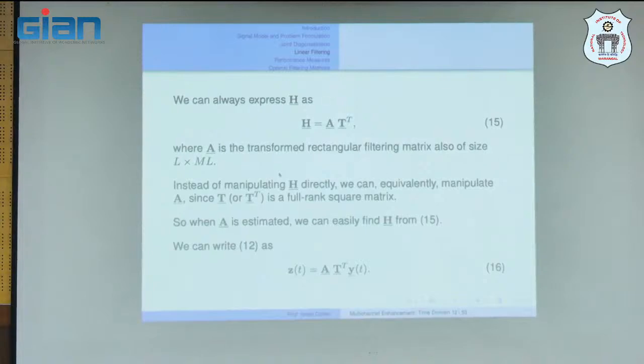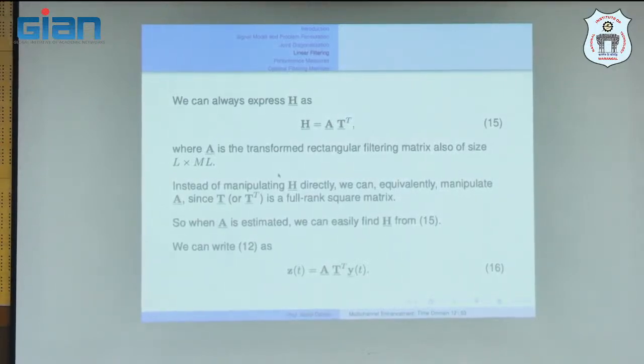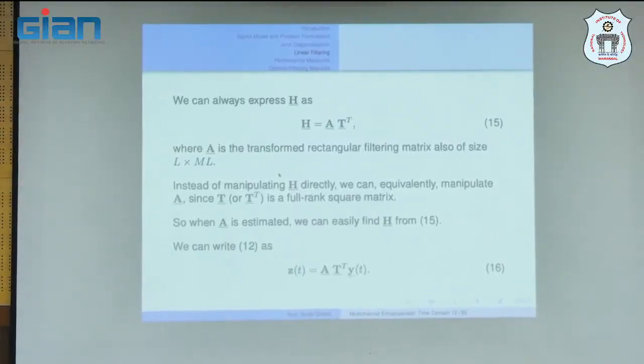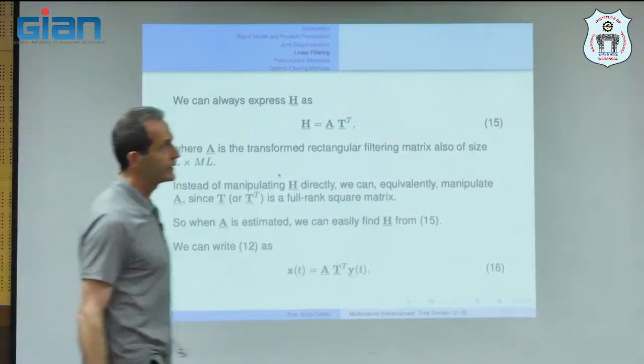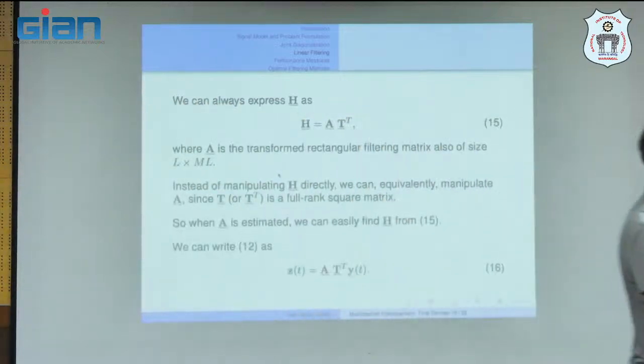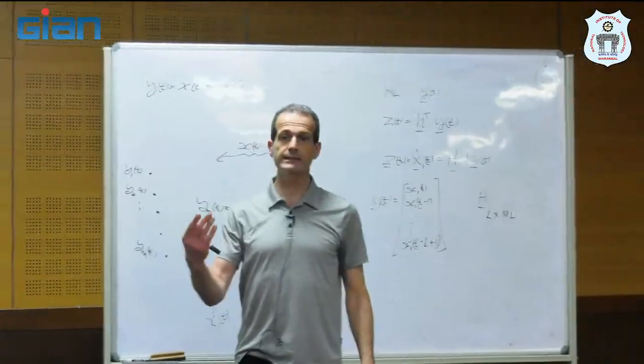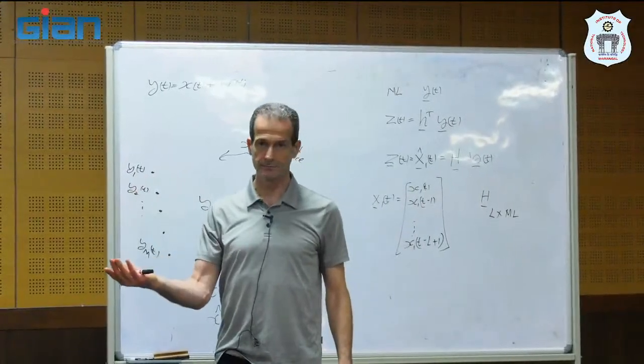This means that instead of finding the matrix H in the spatial-temporal domain, because it contains sensors in the spatial domain and also samples in the time domain, so working with vectors of size ML like this, we call it enhancement in the spatial-temporal domain.